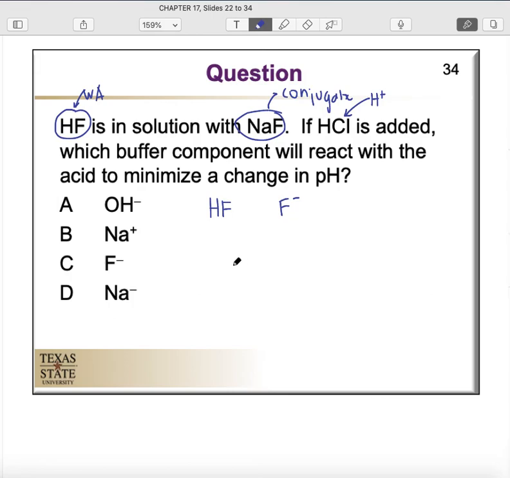And so as we said, whenever that acid gets added, it will react with the basic portion of my buffer, which is this guy right here, the fluoride. And in doing so, they're going to be forming HF. So the answer in this particular case is that the fluoride is the component out of that buffer that will be minimizing the effect of the acid by reacting with that acid.